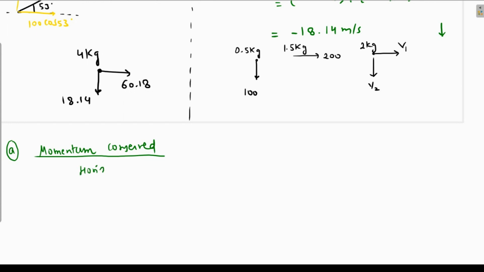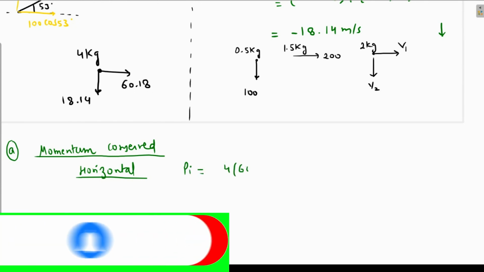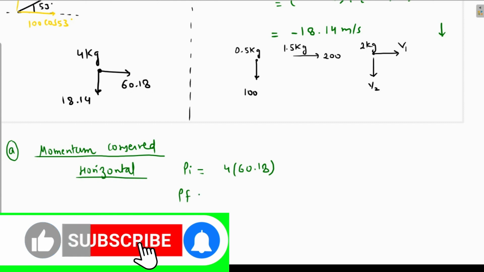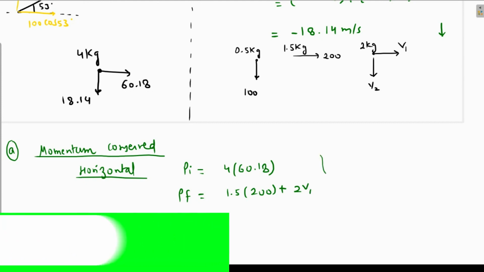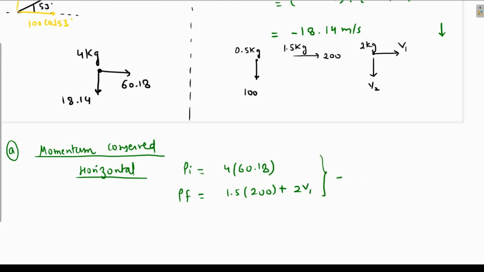Since the momentum is conserved, we are going to do it in two directions. The first is the horizontal direction. The initial momentum in the horizontal direction is 4 times 60.18. The final momentum is 1.5 times 200 plus 2v1. So 1.5 times 200 is 300, plus 2v1, equals 4 times 60.18, which is 240.72.